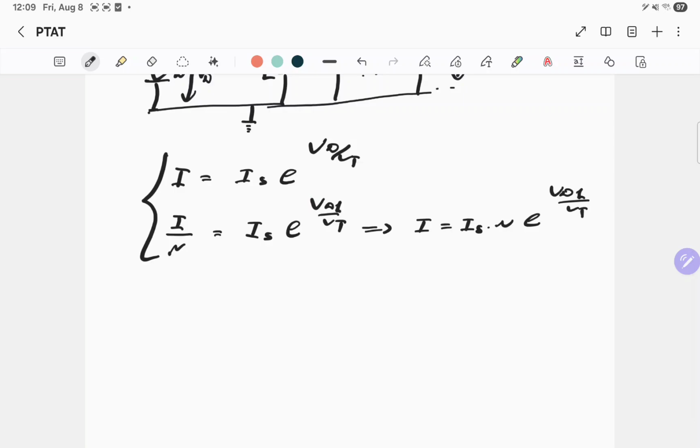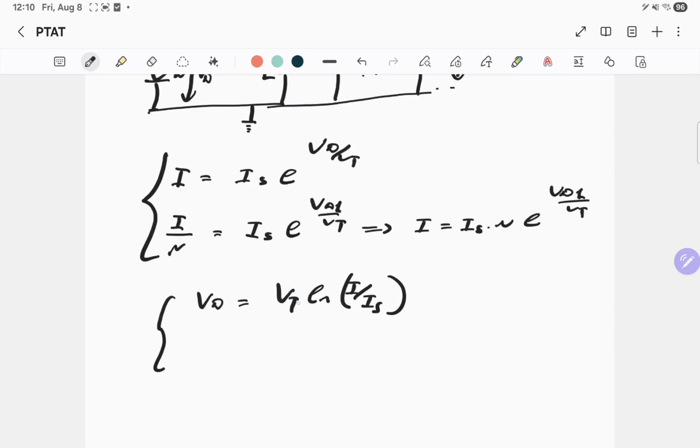Now let us express the Vd and Vd1 in terms of this current I. So we have that the Vd equals I divided, so first we divide I on Is, and then we take a logarithm. So we will have logarithm I over Is, and then we multiply by Vt.